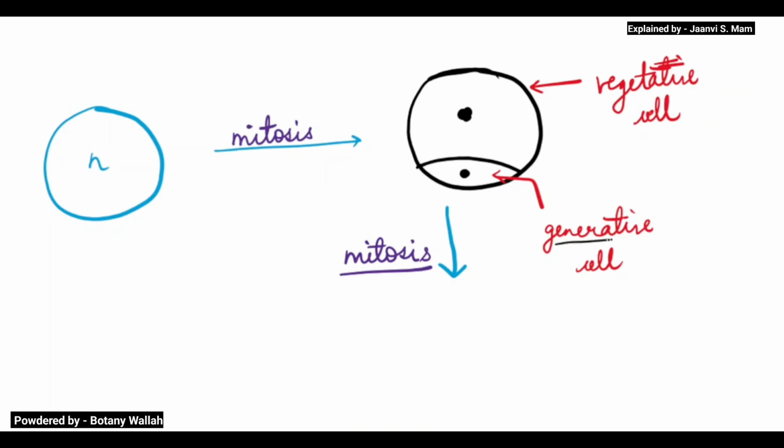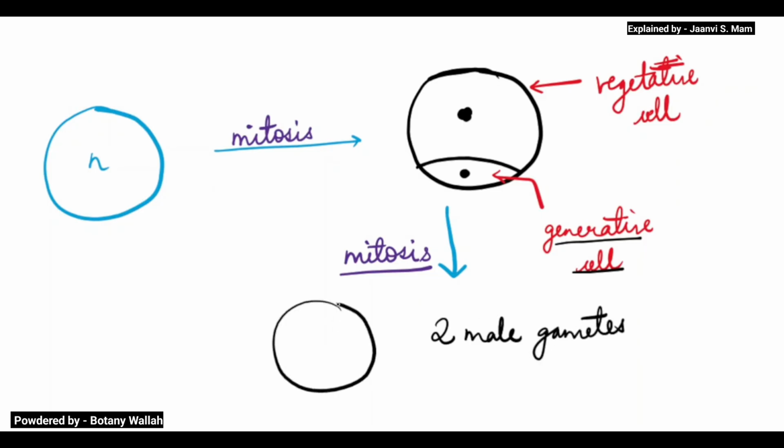This generative cell will produce two male gametes. So I can show this way that there is a vegetative cell and you have two male gametes.